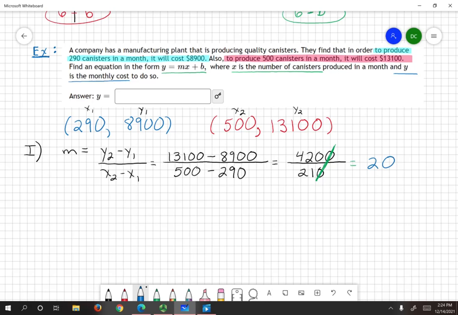Okay, so I've got an m. It's 20. The next thing I'm going to do is use y equals mx plus b. If I've done this correctly, no matter which x, y I use, I will get the same b.